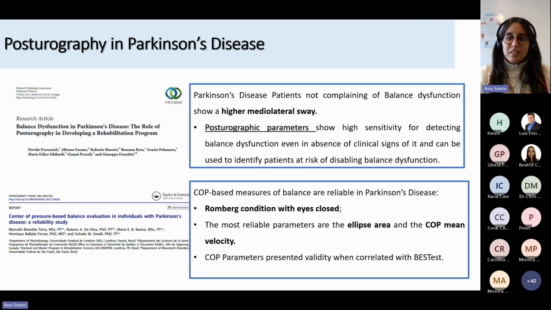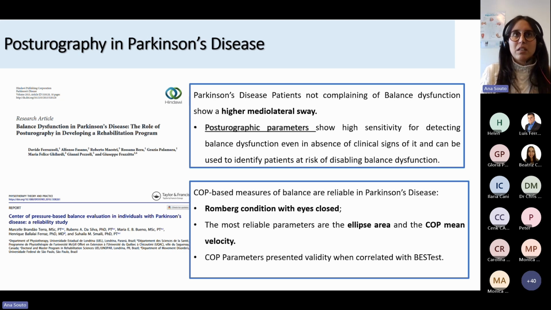The study results show that the COP-based measurements of balance are reliable in Parkinson's disease, especially the Romberg test condition with eyes closed. The ellipse area and the COP mean velocity were the most reliable variables for Parkinson's disease. So ellipse area and COP mean velocity.